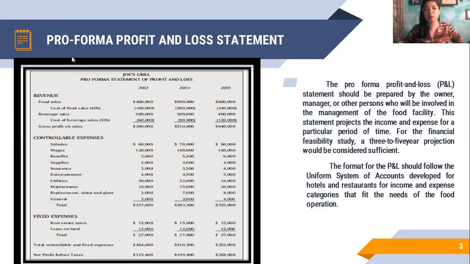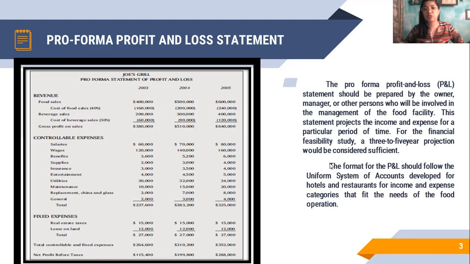Next, you need to have the pro forma profit and loss statement. The pro forma profit and loss statement should be prepared by the owner, the manager, or other persons involved in the management of the food facility. This is the projection of the income and the expense for a particular period of time.